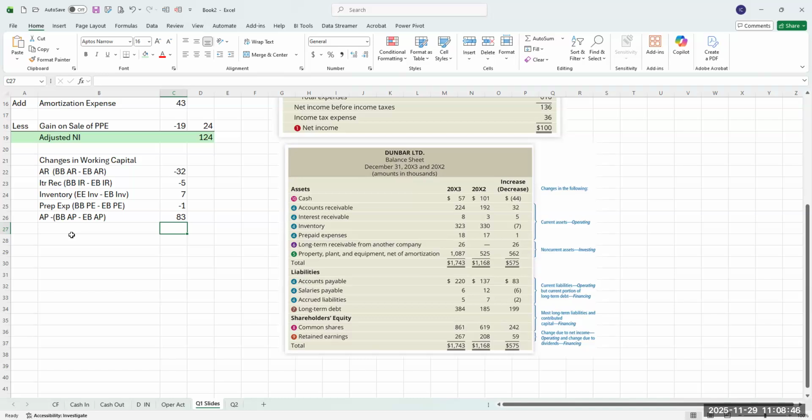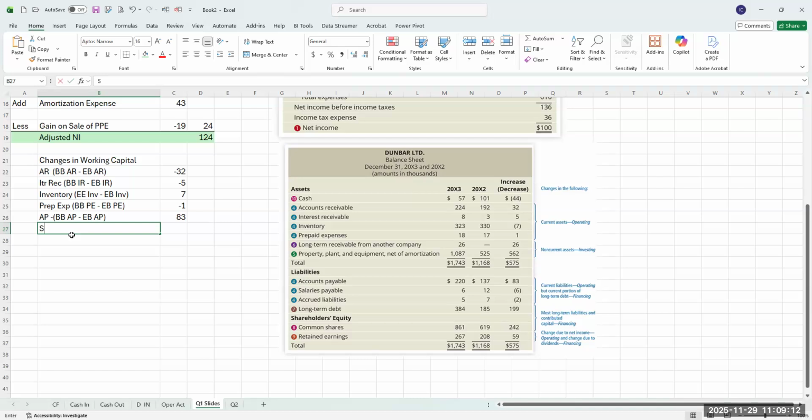During the period we purchased, and at the end of the period, we have to pay more, 220. So that means we saved $83 in cash. We didn't pay for our expenses. So that's going to be a positive for our cash, which is reflected here in the formula.